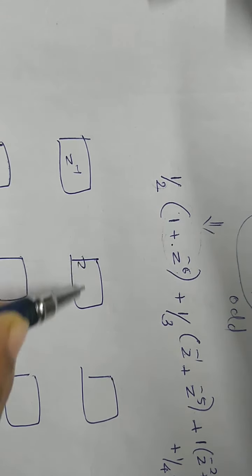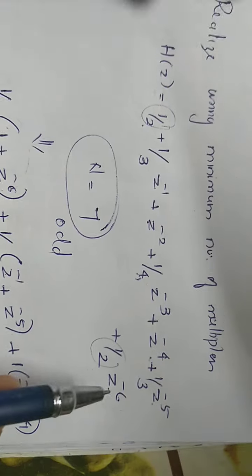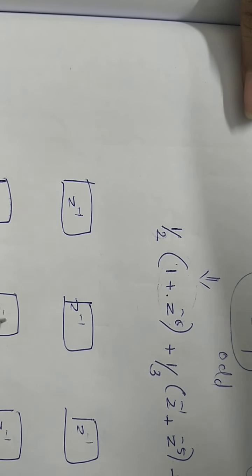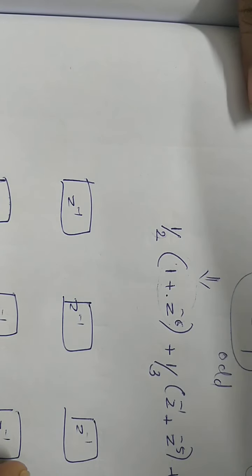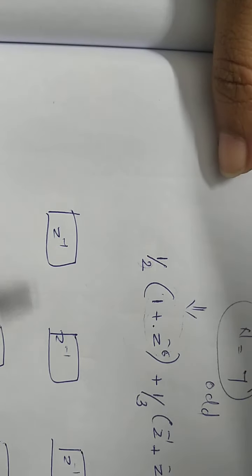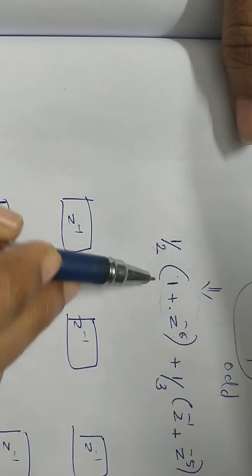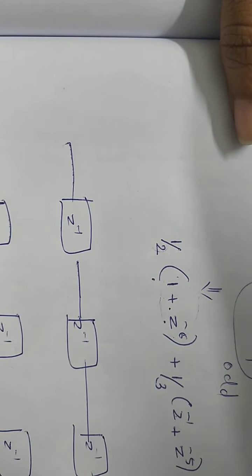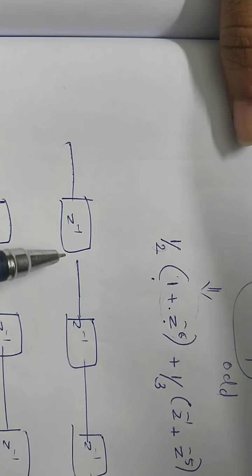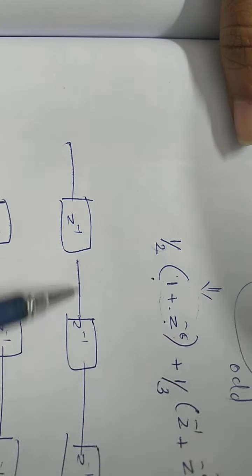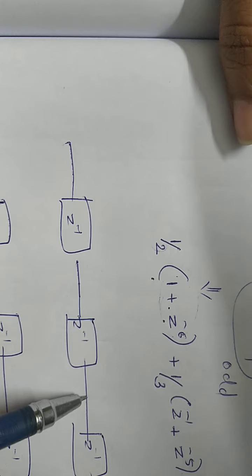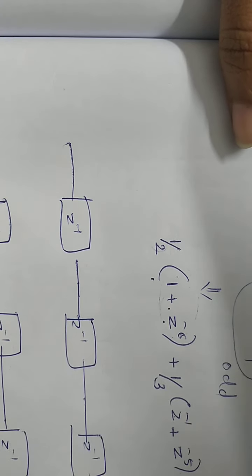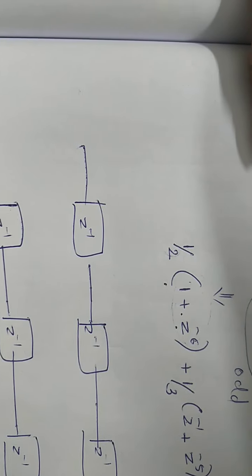Okay, z inverse, because the question is up to z raised to minus 6, so z inverse, z inverse, z inverse, z inverse, z inverse. Okay, then here 1 plus z raised to minus 6. Z raised to minus 6 what means? Here z raised to minus 1, z raised to minus 2, z raised to minus 3, 4, 5 and 6. Here you get the z raised to minus 6 value.